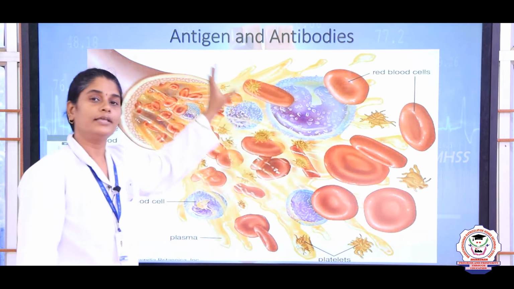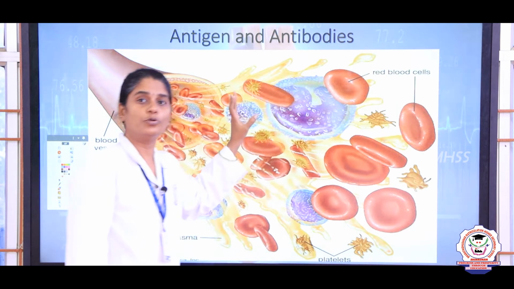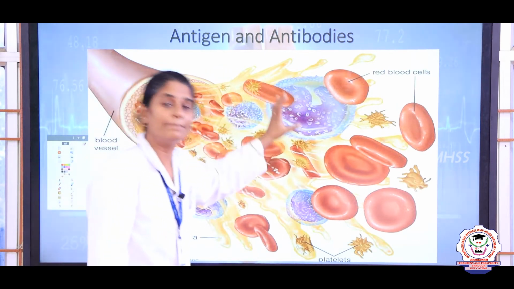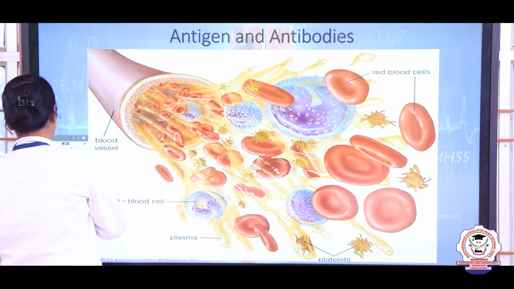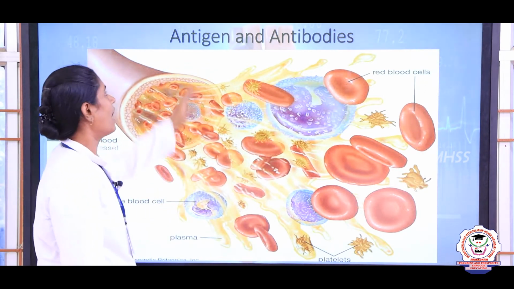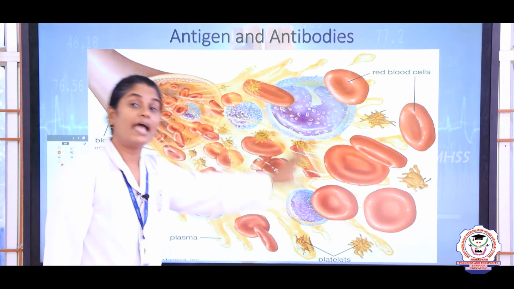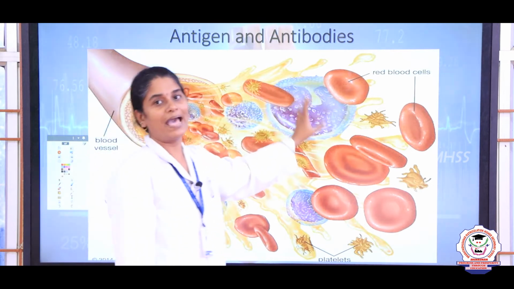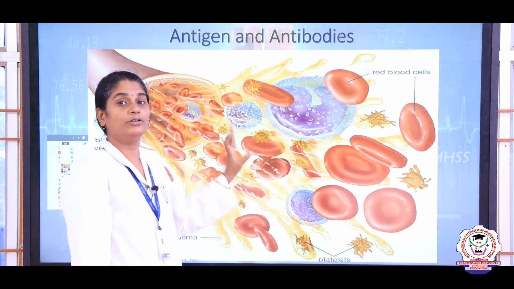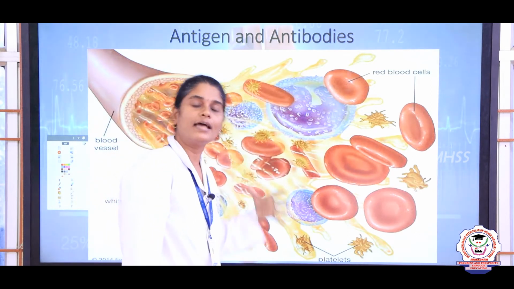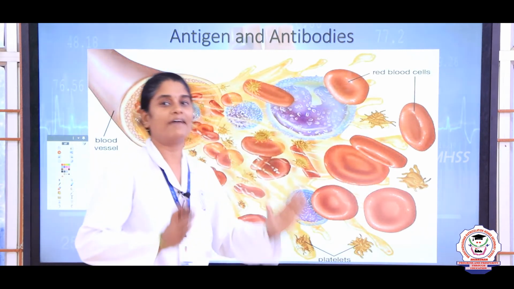The people with A blood group have antigen A, the people with B blood group have antigen B, and the people with AB blood group have both antigen A and antigen B. The people with blood group O have neither antigen A nor antigen B. It means that they do not have the antigen.